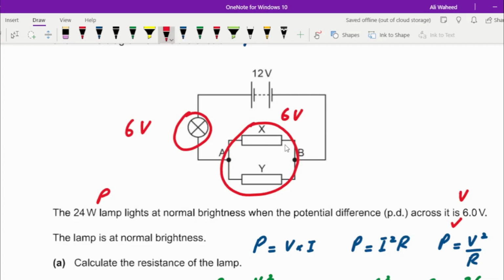only if the resistances are equal. So whatever the resistance of this thing is, which is 1.5 ohm, the same resistance would be across A and B. So the collective resistance across A and B of the two resistors would be 1.5 ohm. Only then you can have equal distribution of the voltage.